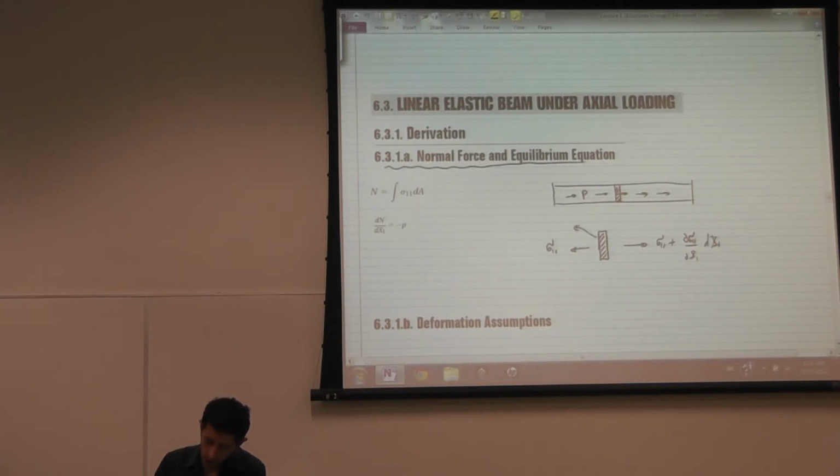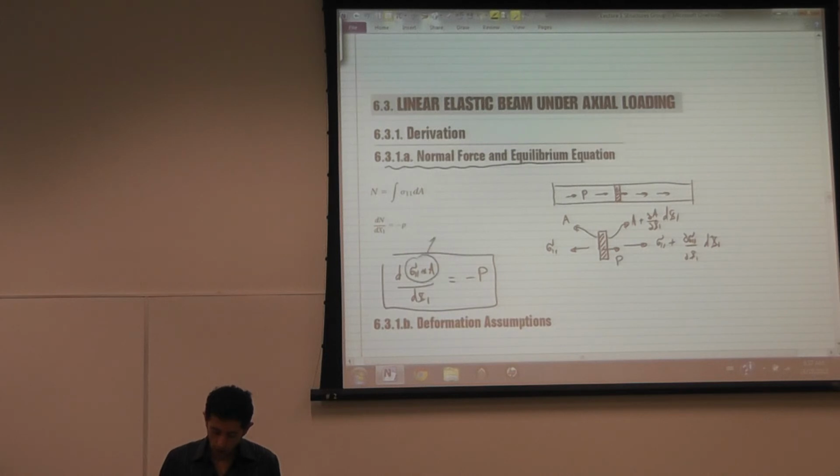If this is the area, and this is the area plus however the area changes with respect to x1, dx1, and this is the distributed load P, then you end up with the equation that says the rate of change of sigma 11 multiplied by the area, divided by dx1, is equal to negative P, where this is the normal force.